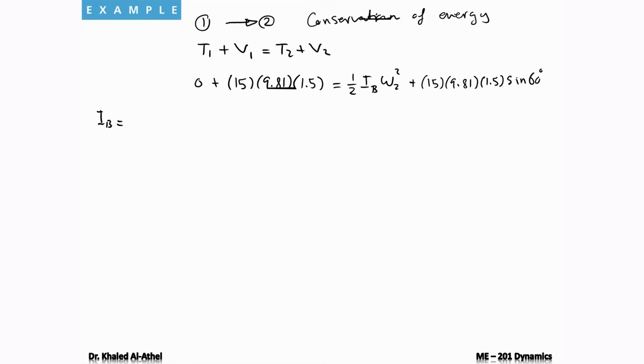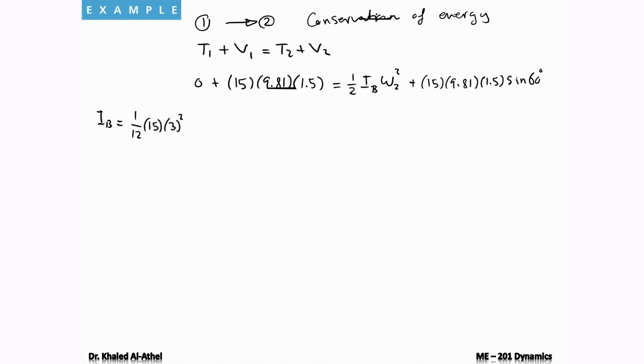You have two options in this problem. Either to do I at G and include the velocity of center of mass G, but I want to eliminate too many unknowns and try to solve them together. So I'm going to do I around B, parallel axis theorem. So I have 1 over 12 times the mass, which is 15, times the length, which is 3 squared.